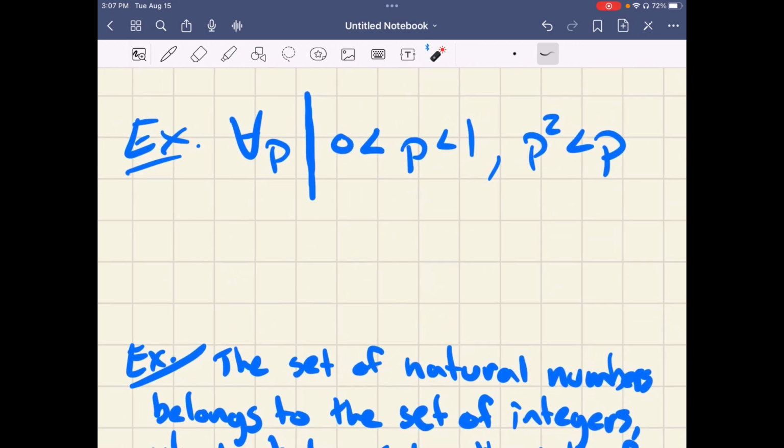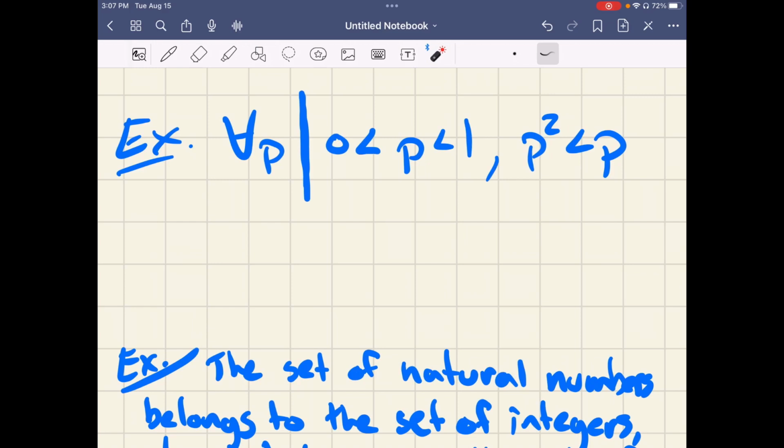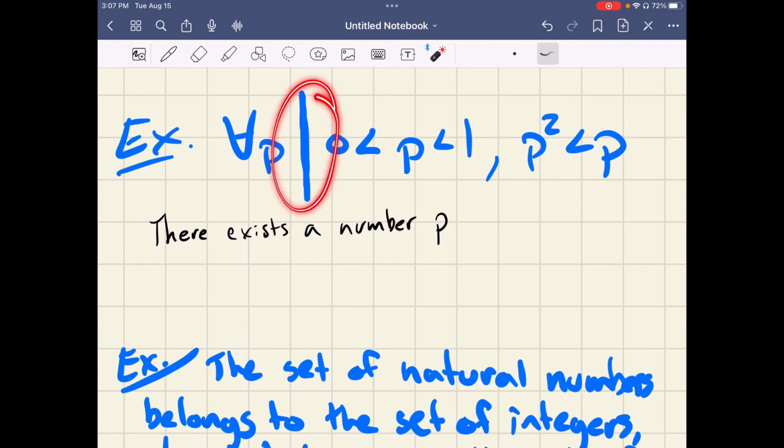All right, now that you've had a chance to work that on your own, let's see if we can rewrite this series of symbols into a mathematical phrase. Here we have the backwards E and a P. The P represents a number P, and the backwards E represents the phrase there exists. So we have there exists a number P, and this right here means such that, so I'm going to write such that.